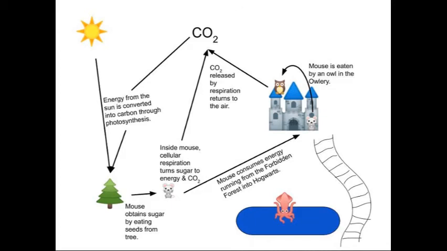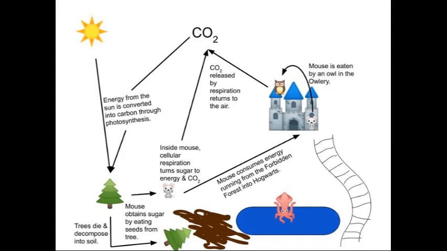I also want to make sure I'm closing all of my loops, showing that this really is a cycle, that carbon doesn't just stop somewhere. So every process that I've got has to feed back into the other processes in some way.